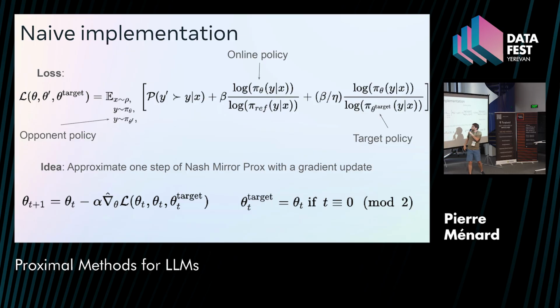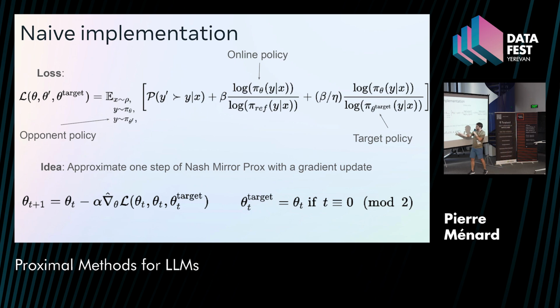For those who are familiar with reinforcement learning, it will make sense soon: it's what we regularize towards here. The main idea is to approximate each optimization step we saw before with only one step of gradient update.